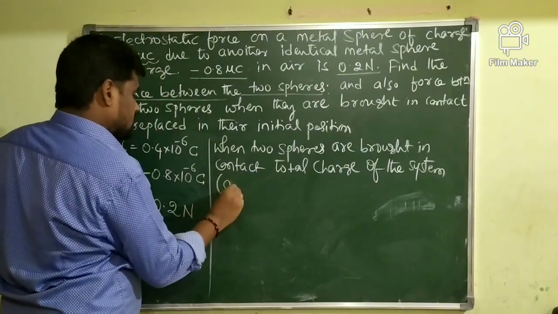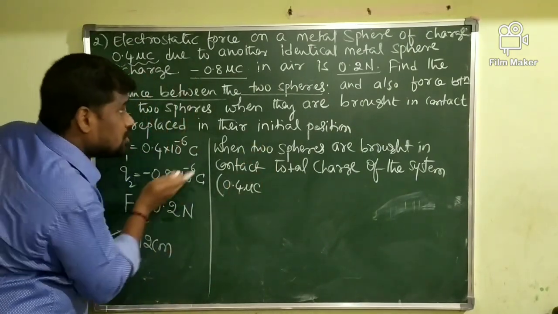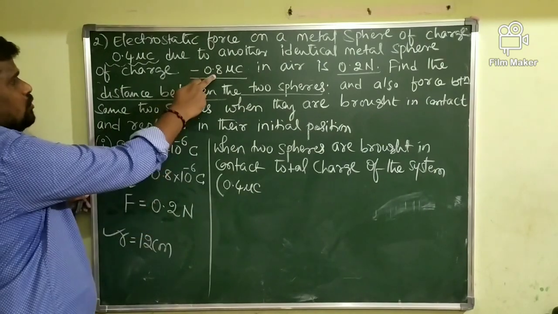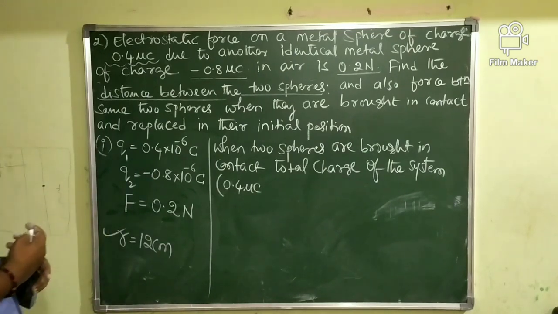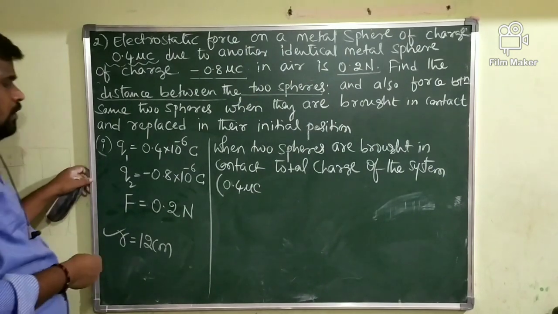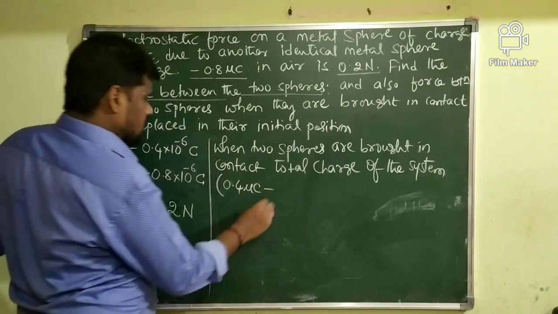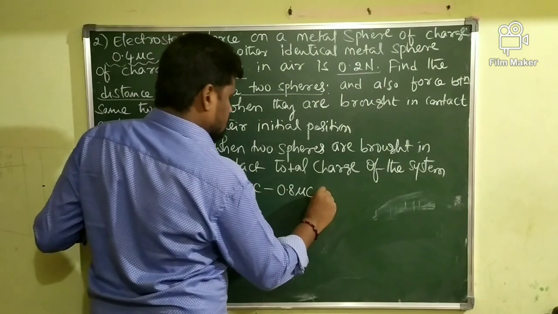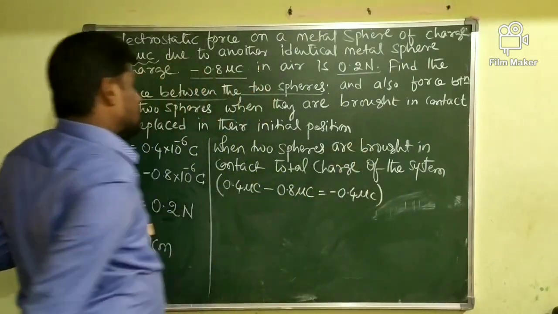First sphere has the charge 0.4 microcoulomb. Suppose the second were plus 0.8 microcoulomb, the total charge of the system would be 0.8 plus 0.4, total 1.2. But unfortunately one is positive and another one is negative. Therefore the net charge on the system is 0.4 minus 0.8 microcoulomb, which equals minus 0.4 microcoulomb.